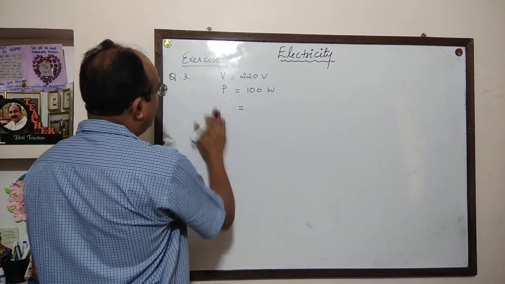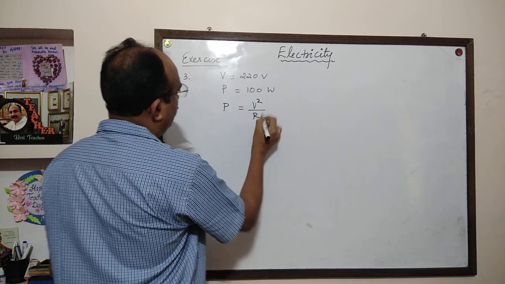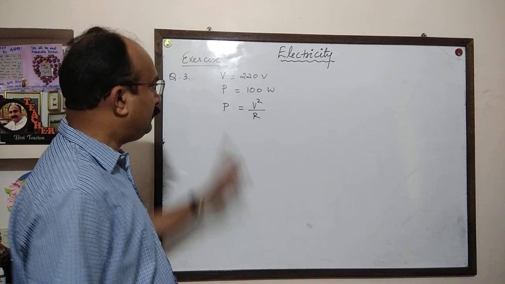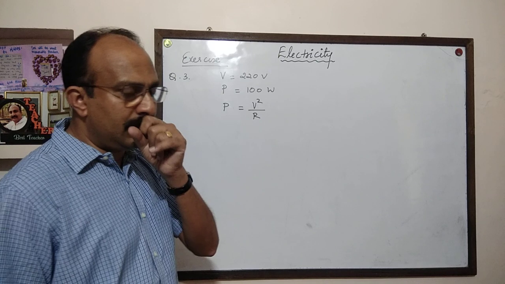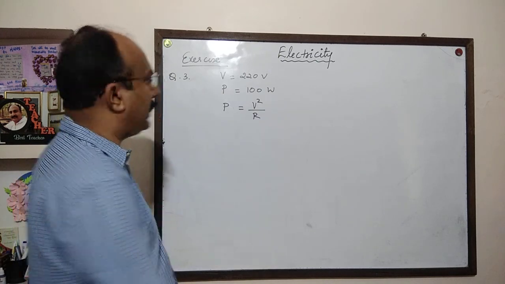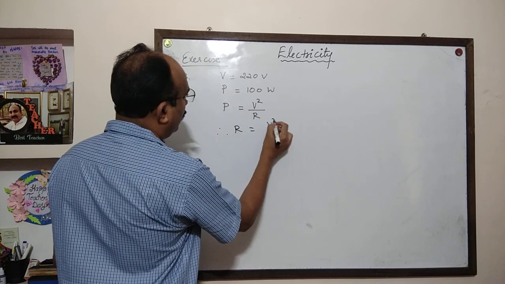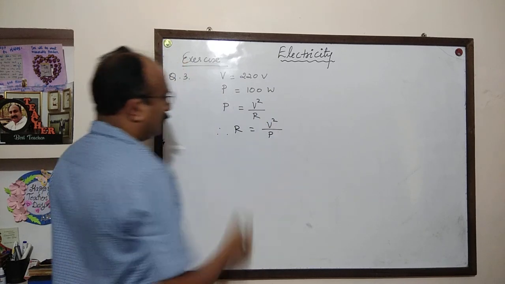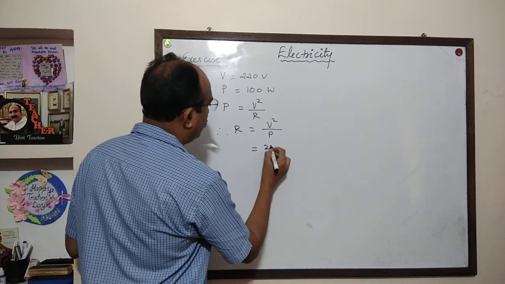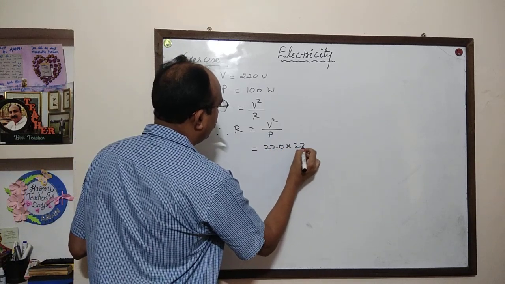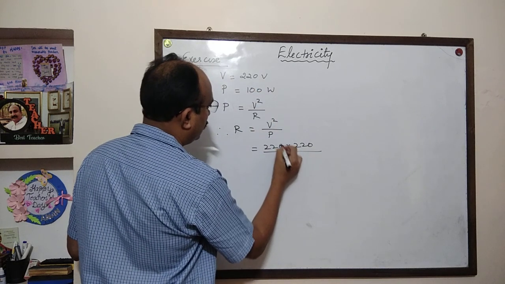There are different formulas for R, but the formula applicable here is: P is equal to V square upon R, I am going to derive it. P is equal to VI, changing I is equal to V upon R, you will get V square upon R. Therefore, R is equal to V square upon P. V square means 220 into 220 upon 100.